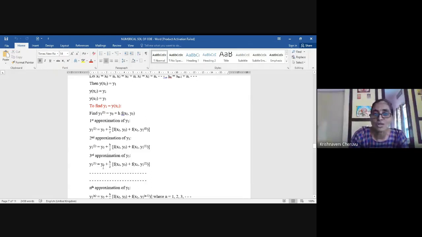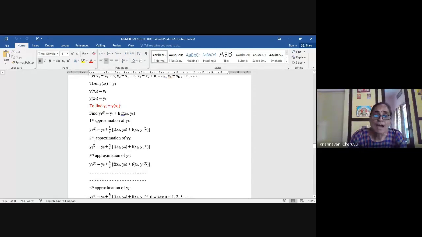Here y1 bracket 1 means you put y1 bracket 0, y1 bracket 2 means you put y1 bracket 1, and y1 bracket 3 means you put y1 bracket 2. f of x, y is a relation between x and y, so you replace x by x1 and y by y1 bracket 2 to get this value. f of x0, y0 is already known, and then you find the value.